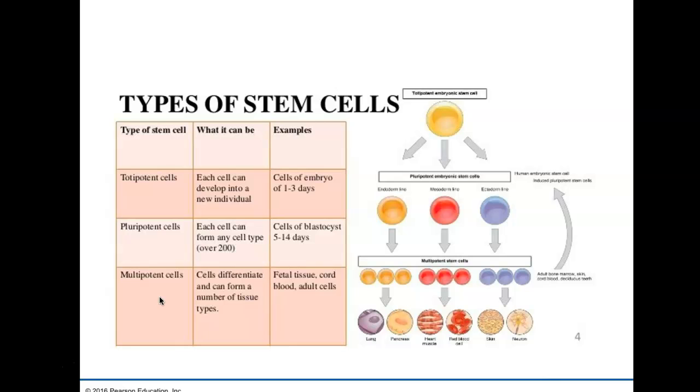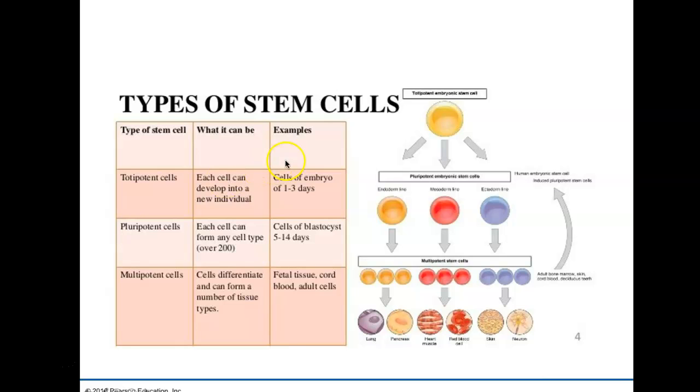Unfortunately, multipotent stem cells can only differentiate into fat, bone, or blood. The things that we aren't really interested in growing from stem cells. Okay, so they come from fetal tissue, cord blood, or adult cells, but they can only grow into fat, blood, or bone. So the ones of interest are the pluripotent cells. And so the question at the bottom of 188 is, when does an embryo no longer have pluripotent stem cells?